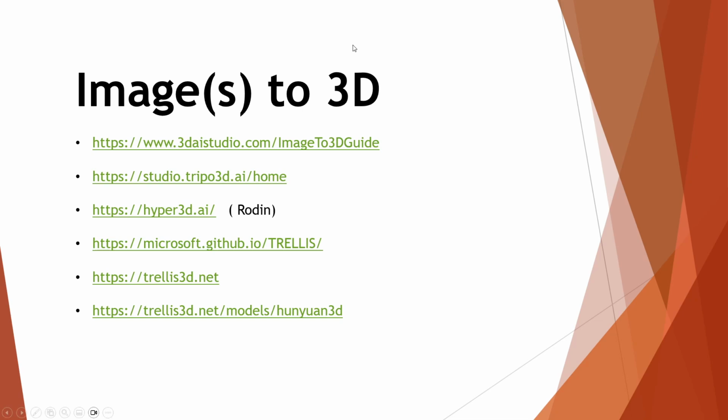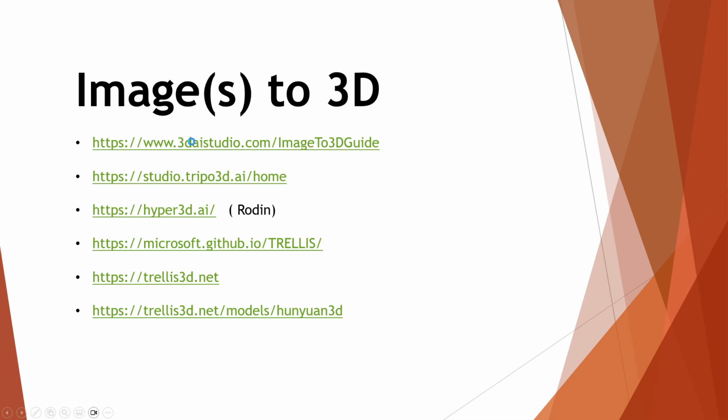You can do multiple. So again, today there are tons of AI tools that allow you to do this. For example, Tripo has been in the market for a long time. Rodin is relatively new. Trellis, and Hunyuan, which is from China, are really powerful.